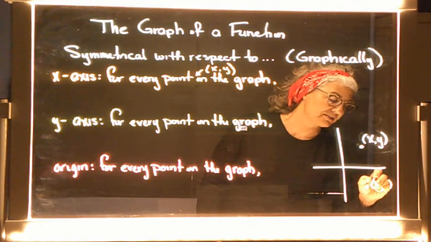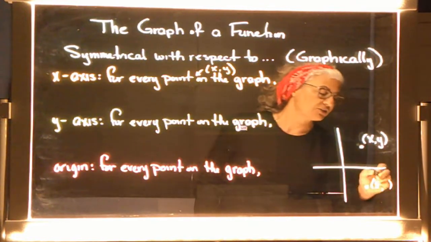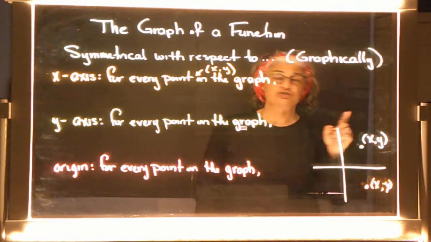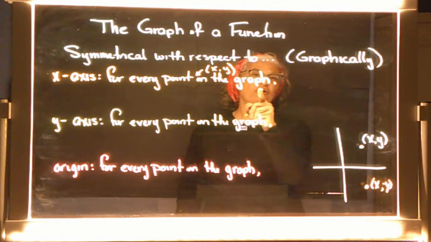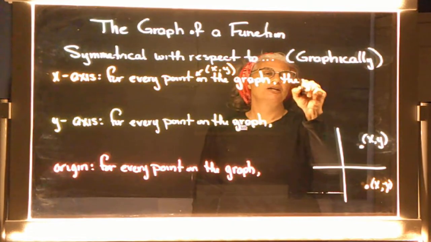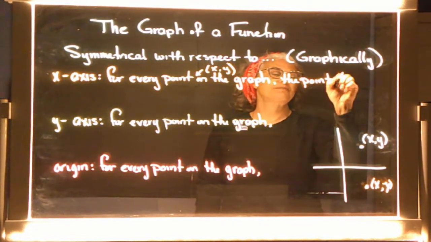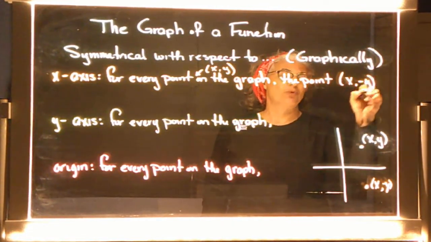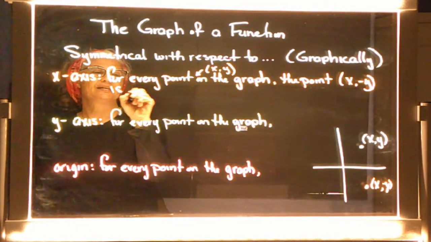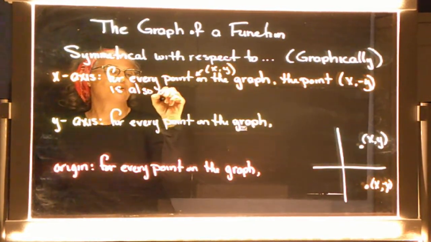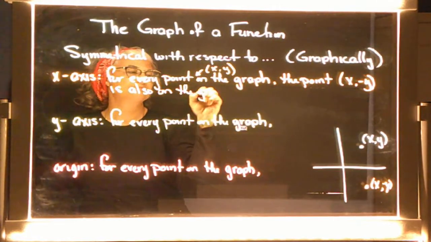The x is still positive, that's true. And the y? Good, the y is negative. So for every point x, y on the graph, the point x, negative y is also on the graph.